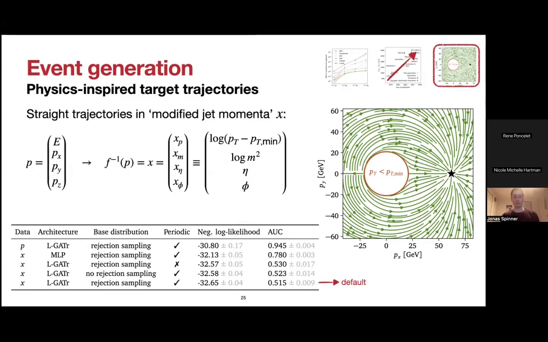And second, we build the periodicity in phi into how we construct these trajectories. So if you are at pi minus epsilon and you want to go to minus pi plus epsilon, then you don't go the long way, but you go the short way around the edges.